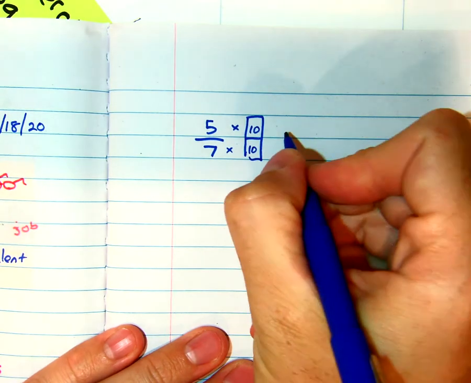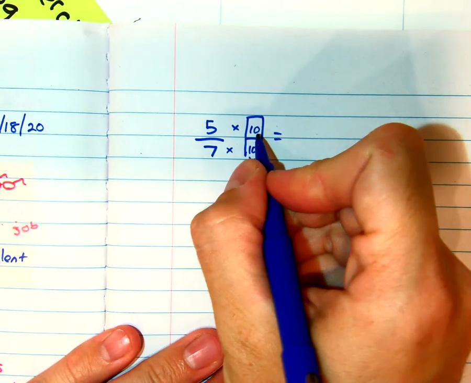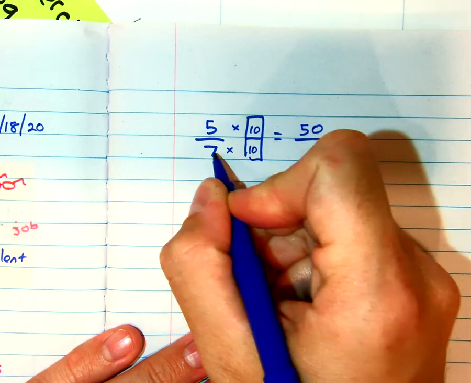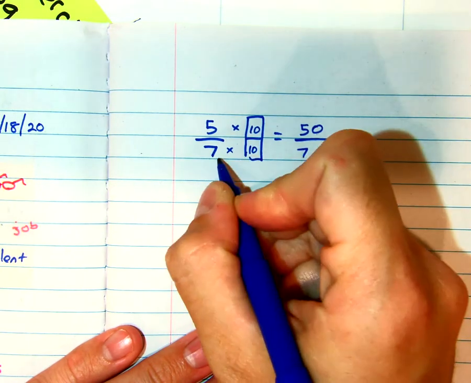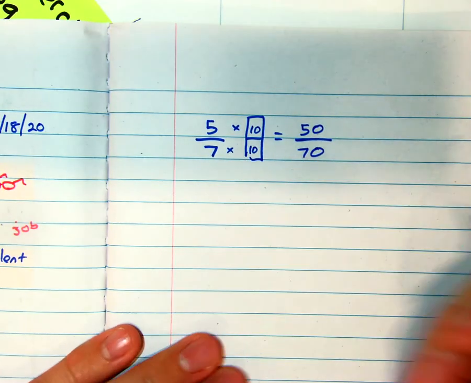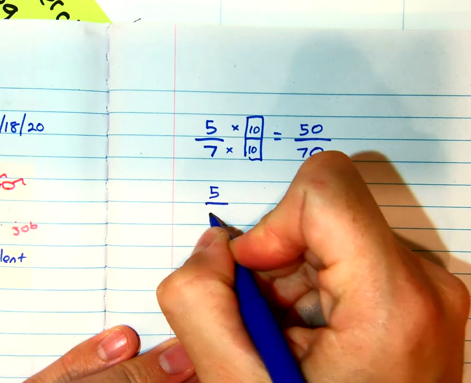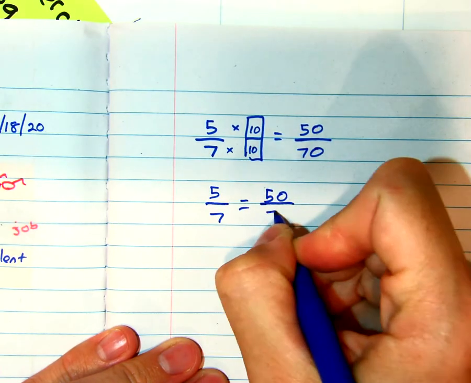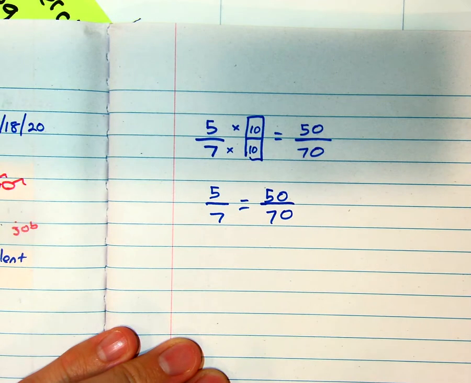This one's super easy. 5 times 10 is 5 times 1 with a 0, which is 50. 7 times 1 with a 0 is 70. So we can bring it down. We'd say 5/7 is equal to 50/70. That's a much bigger fraction.